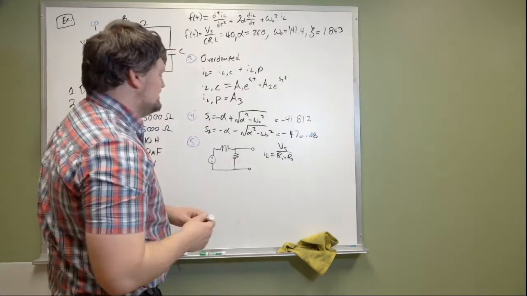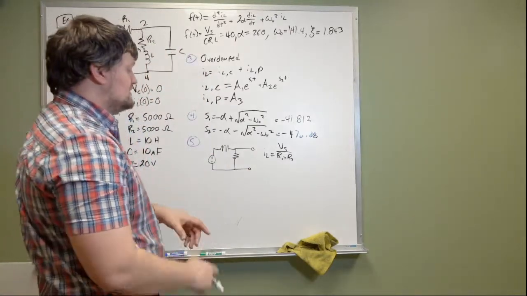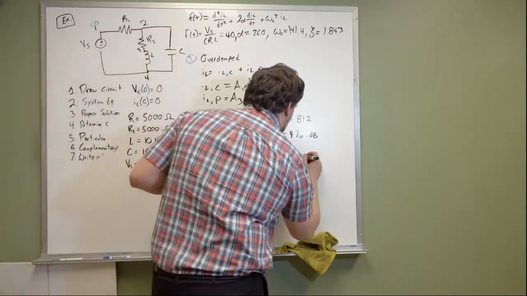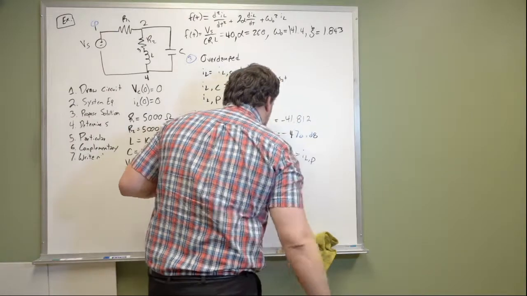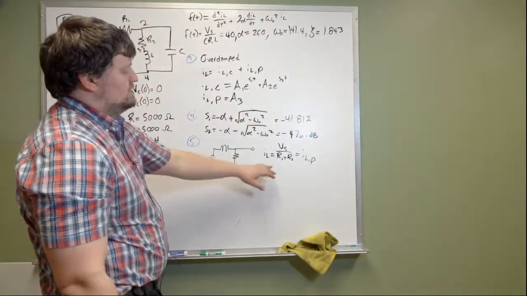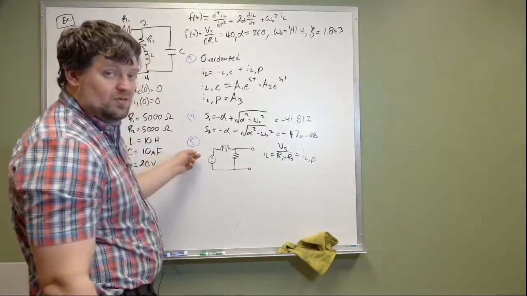So this is our particular solution, because this is what the steady state value of IL is going to be. So this is equal to ILP. Again, we're only looking at steady state configuration here for part 5.